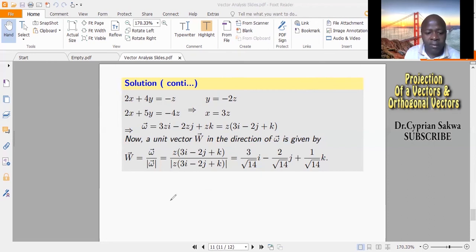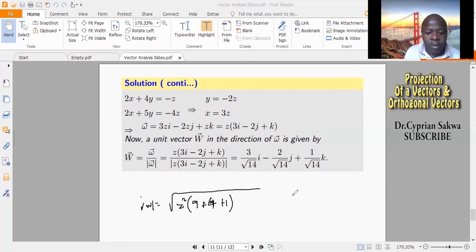So what is the magnitude of omega? The magnitude of omega will be the square root of z squared times, in brackets, 3 squared which is 9, negative 2 squared which is 4, and 1 squared which is 1.